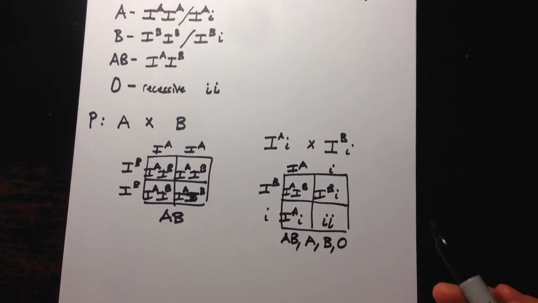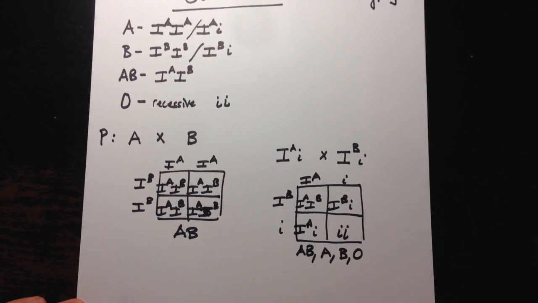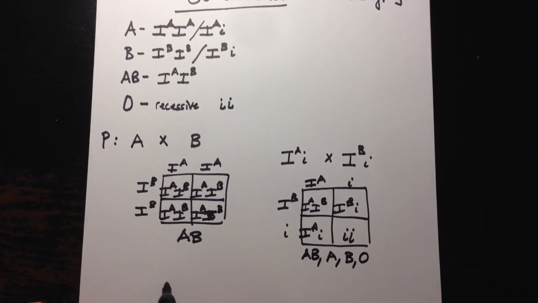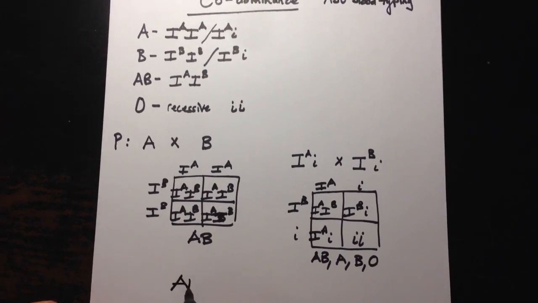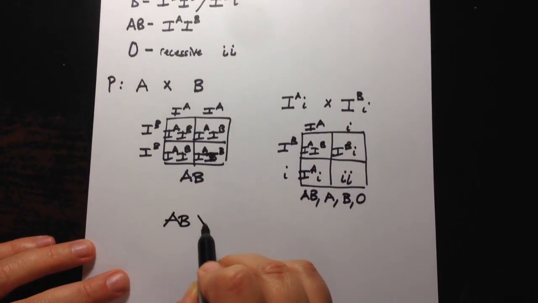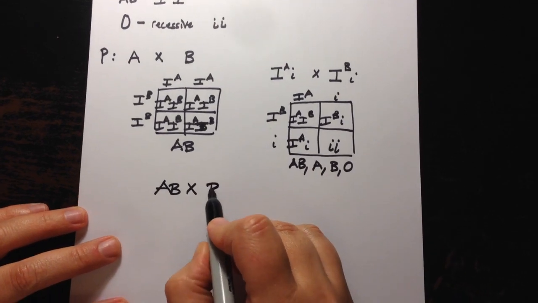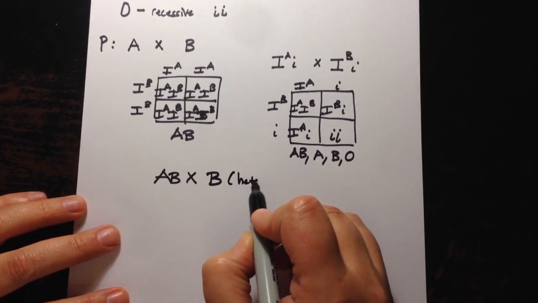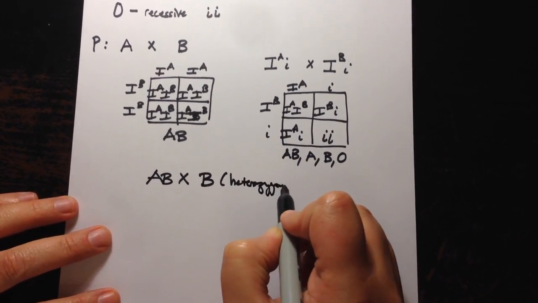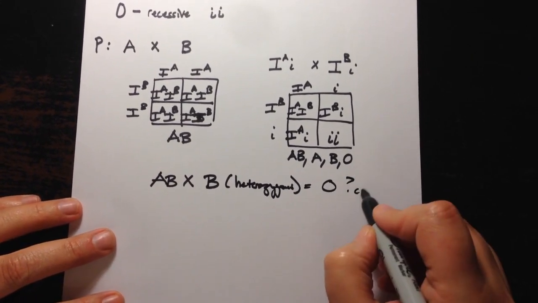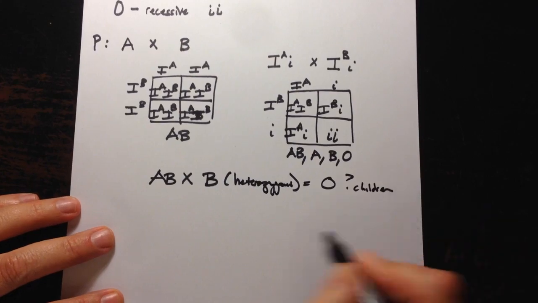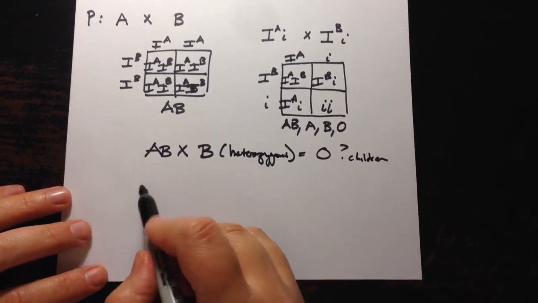So typically how I would ask this in your upcoming test is I will ask you, could it be possible if we have a parent that is type AB crossed with a parent that is type B, and I'll tell you it is the heterozygous type, for example, to produce type O children. So you have to do some test crosses to see if that's possible.